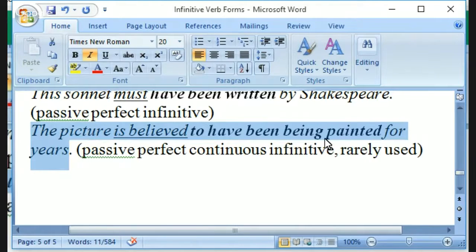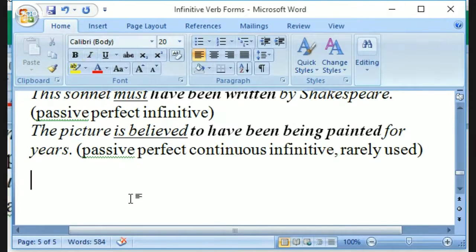Yeah, painted for years. Yeah. Probably had been being painted. Had been painted. Okay. Yeah. Okay. And you're right. And it's very common to use it.